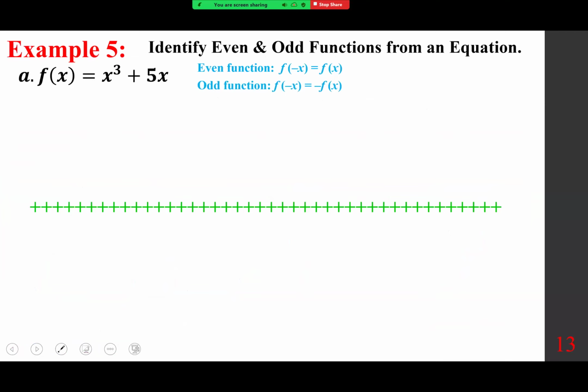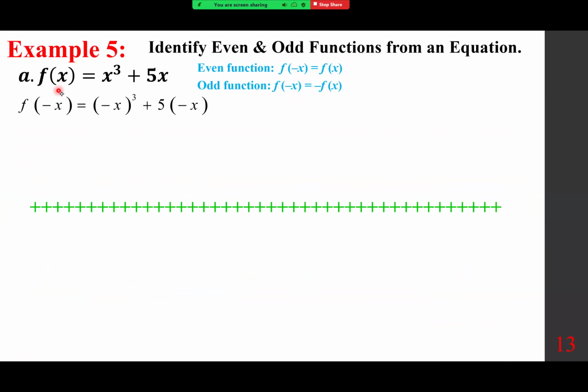We're going to continue with this concept, identify even and odd functions from an equation where f of x is given as x cubed plus 5x, and we are reminding everybody even function means f of minus x equals f of x, odd function f of minus x equals minus f of x. All you have to do, evaluate f of minus x.